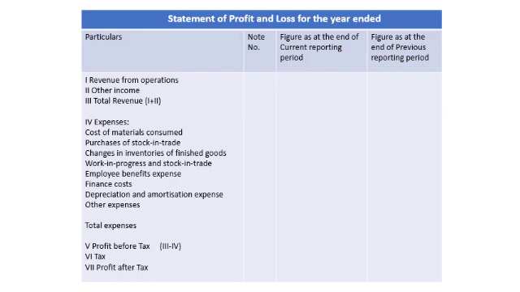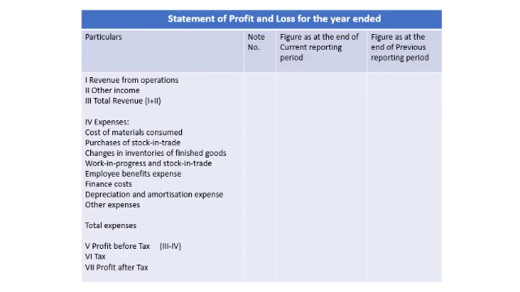That means total revenue minus total expenses, that is, third minus fourth. Then point 6 is income tax deduction, which will be applied at the rate on point number 5, profit before tax, and then the profit after tax will be calculated.